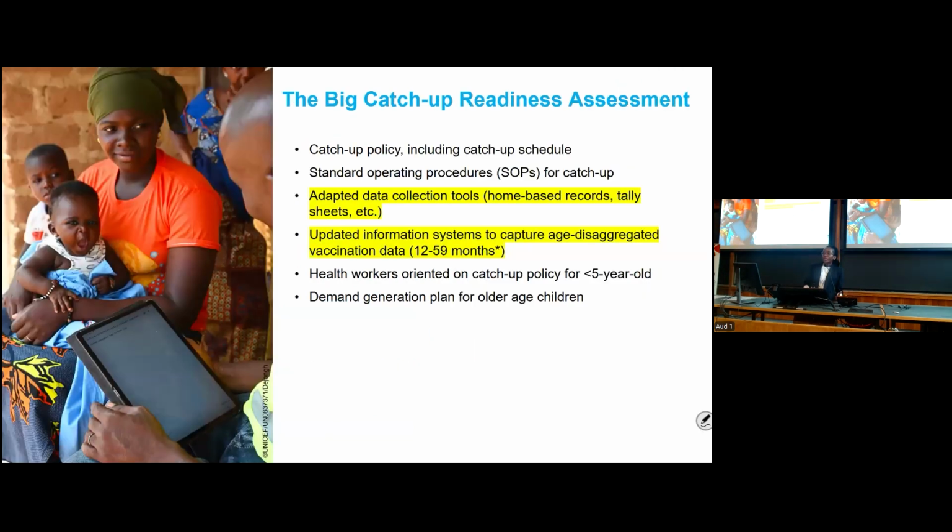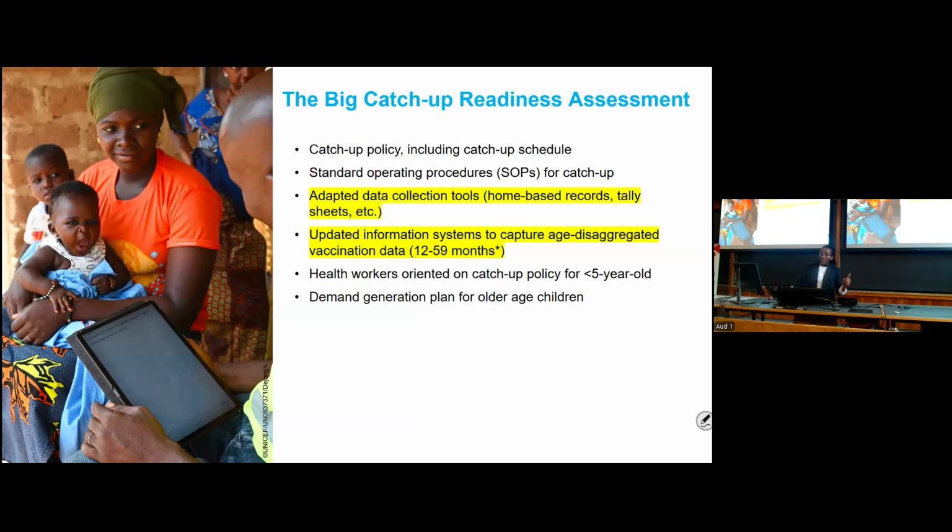For countries to then go on with implementation, they had to do some readiness assessments, defining the catch-up policy for the country and developing SOPs around it, because there is global guidance, but it has to be contextualized to each country's use case.